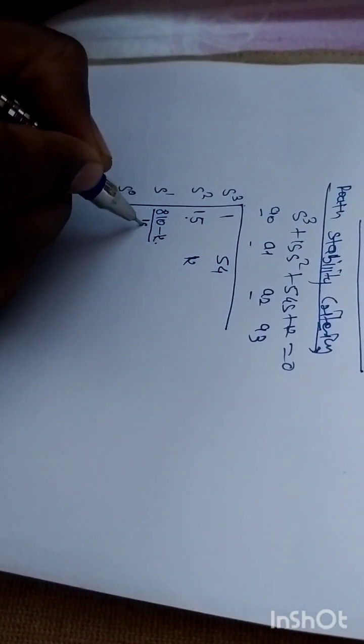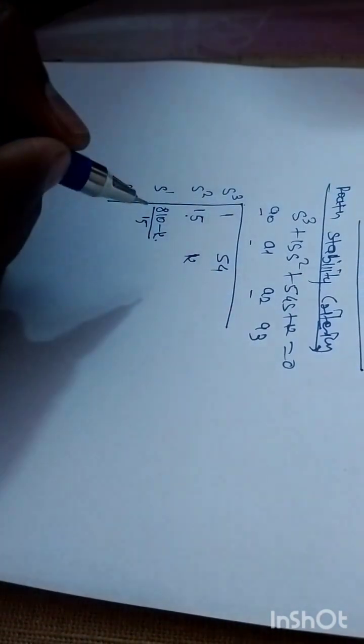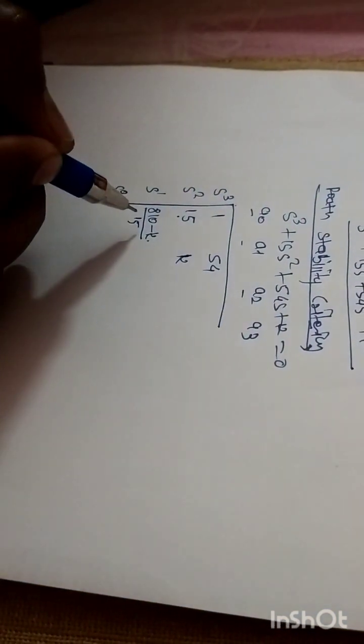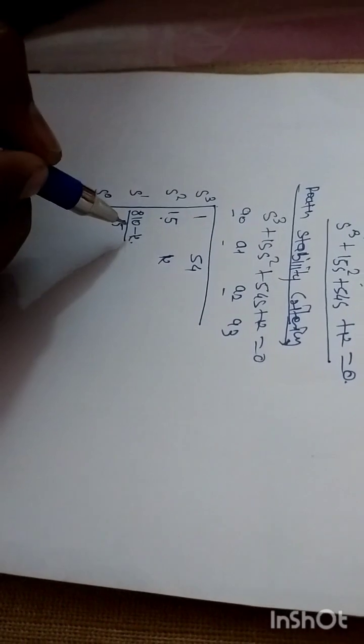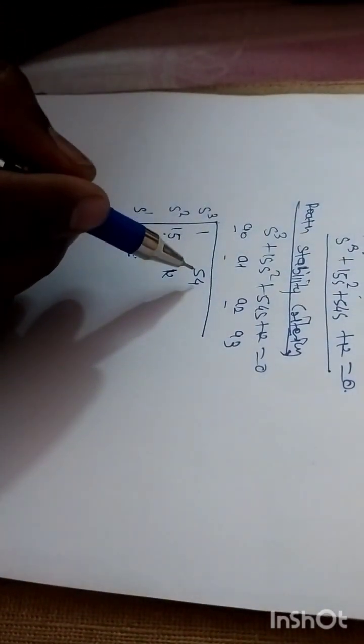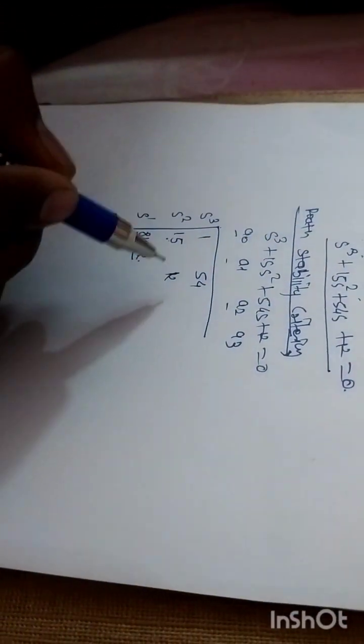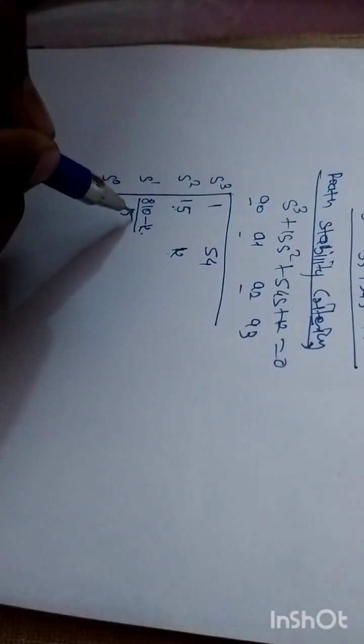So it is (810 minus k) upon 15. That can be called b1 for the sake of this moment. This will be a0, this will be a2, this will be a1, this will be a3, and this element can be called b1.